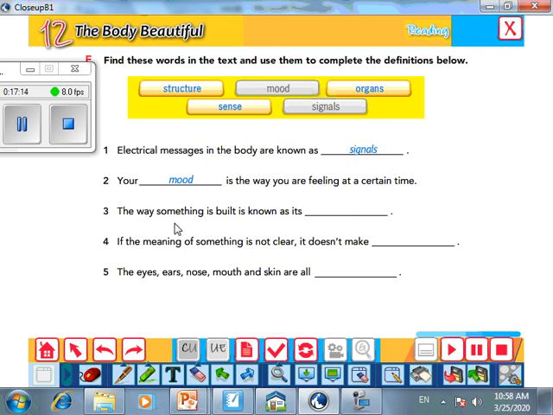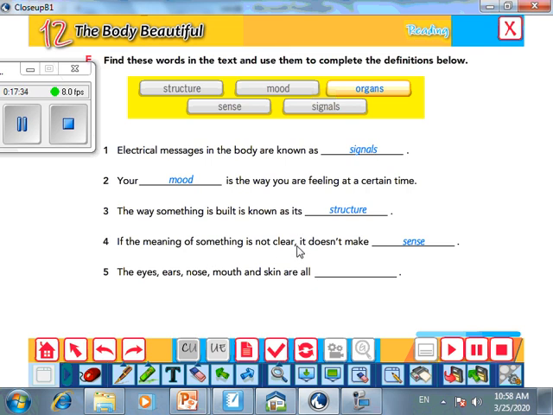Number 3. The way something is built is known as its blank. Yes, so structure. Something is built, so it is known as a structure. Number 4. If the meaning of something is not clear, it doesn't make sense. Yes. So if you don't understand something, it doesn't make any sense.